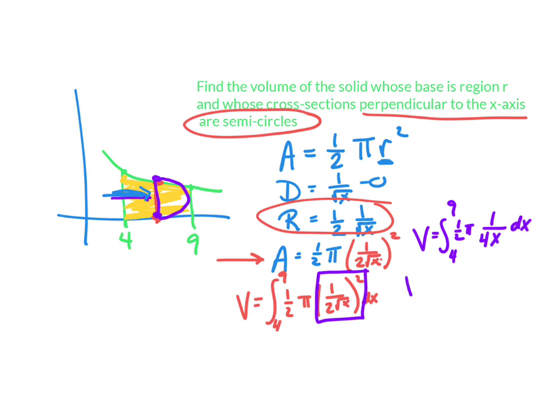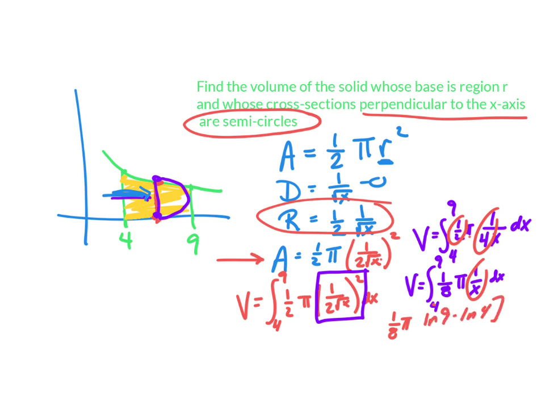And then when I clean this up, I'm going to get volume equals 1/8 pi times 1 over x from 4 to 9 dx. So where did that come from? Well, a 1/2 times a 4th gets me the 1/8. I've got the pi and the 1 over x. So integrating is actually simple. I can pull out the 1/8 pi, and then I'll integrate the 1 over x. So that's the ln of 9 minus the ln of 4 times that 1 over 8 pi.